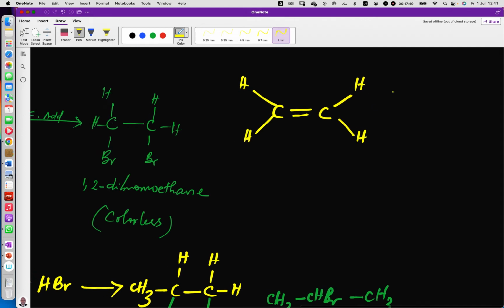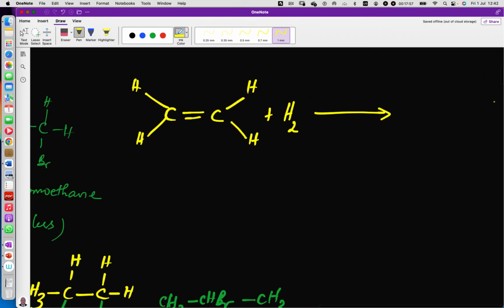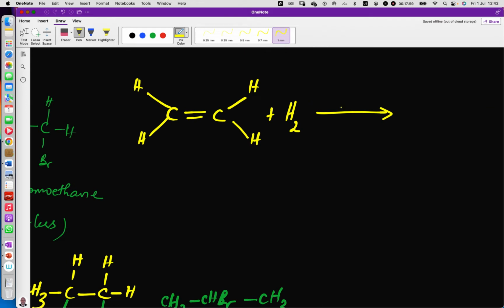Now the alkene molecule plus hydrogen is passed through what we call a nickel catalyst.